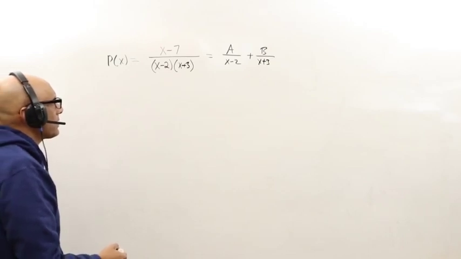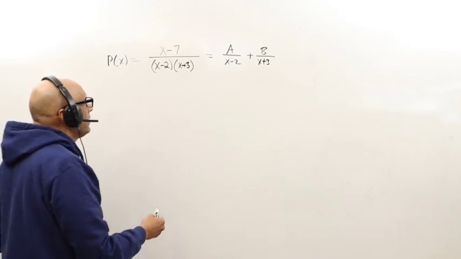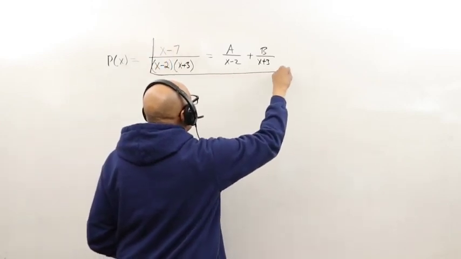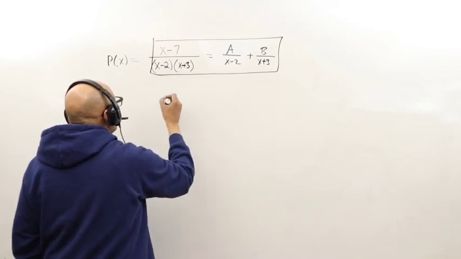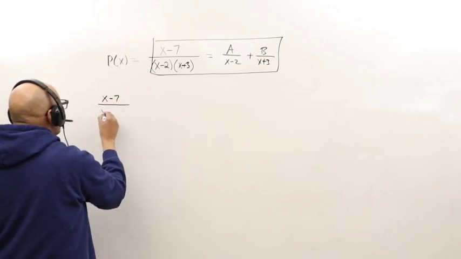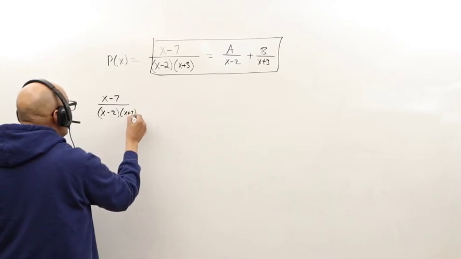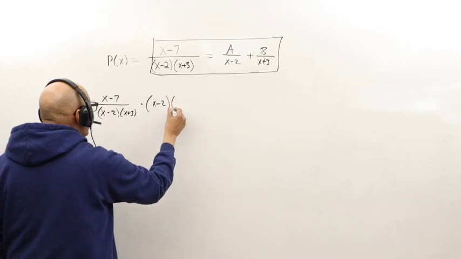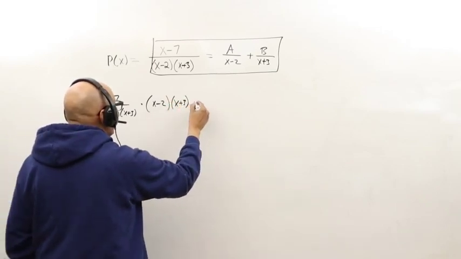This equation, we could select any values of x that we want, but I think if we multiply this equation by (x minus 2)(x plus 3) on both sides, it's a trick, so we don't have to try different values of x.